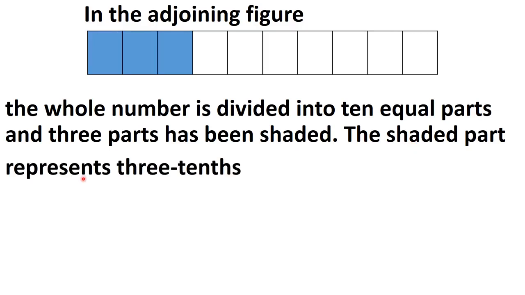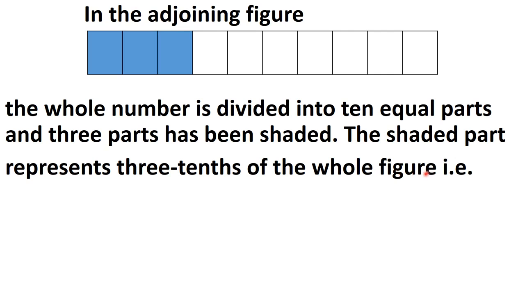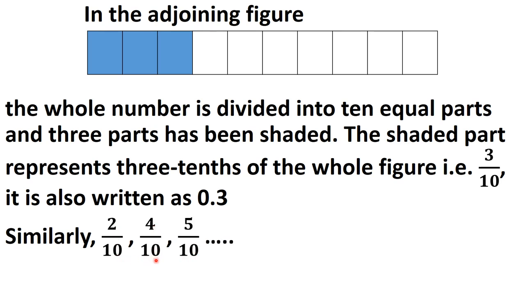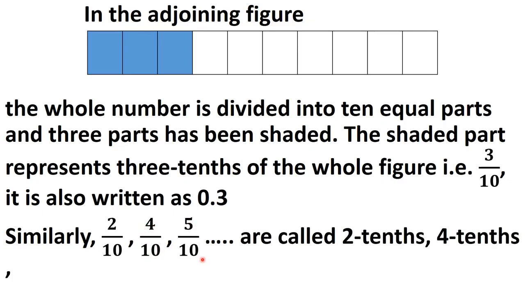The shaded part represents 3/10 of the whole figure, that is 3 upon 10, because the total parts are 10 and 3 are shaded, and it is also written as 0.3. Similarly, 2 upon 10 when 2 parts are shaded out of 10, 4 upon 10 when 4 are shaded out of 10, 5/10 when out of 10, 5 are shaded, and like this we can write.